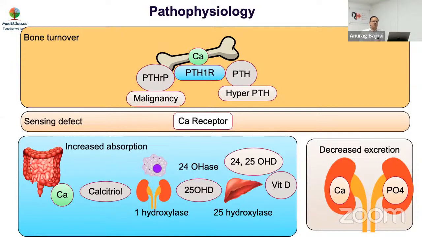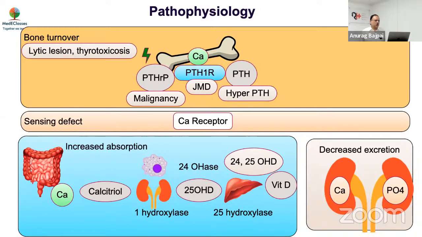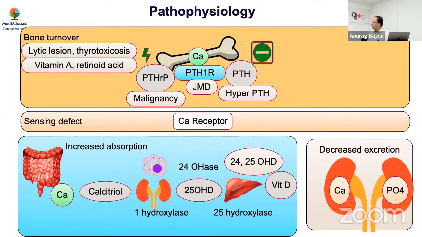Any malignancy which is causing bone resorption or secreting the PTH related peptide can cause that scenario. You can have an activating mutation of the PTH1 receptor, which is Jansen's metaphyseal dysostosis. You could have a lytic lesion from where the calcium is coming, or increased intake of thyroid hormone, or retinoic acid as well, which will cause this scenario.